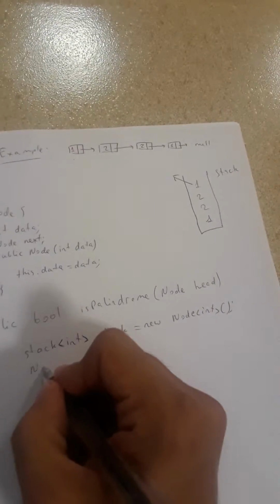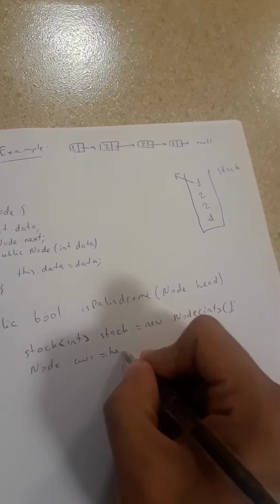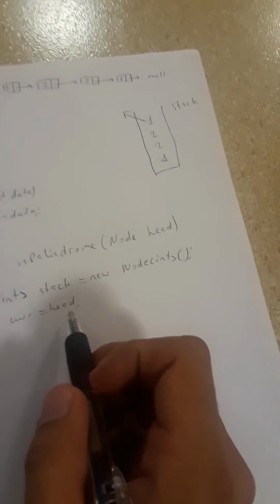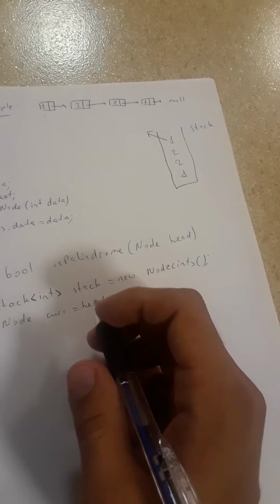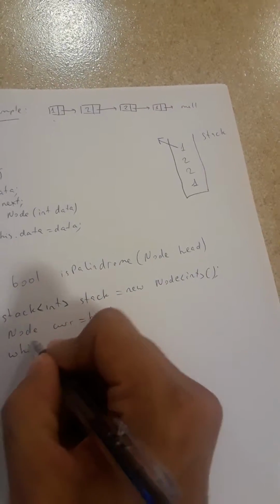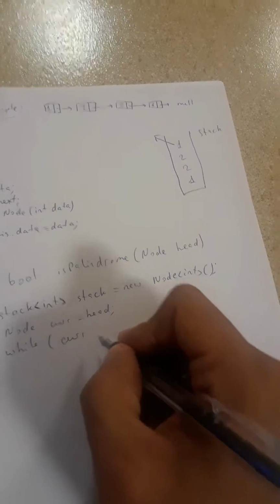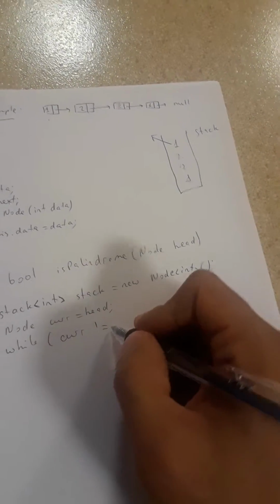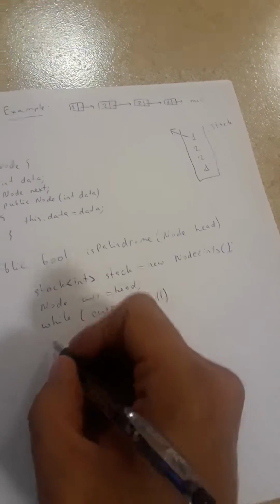And also I will initialize a current node just to go through all nodes in the linked list, and the initial value of current will be the head node, the input node. And I will initialize the while loop just to go through all nodes of the linked list until it reaches the last element of the linked list.